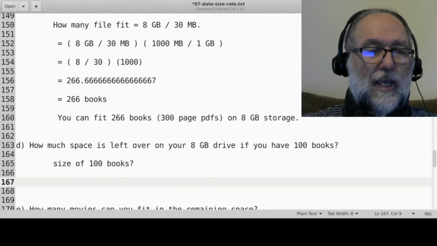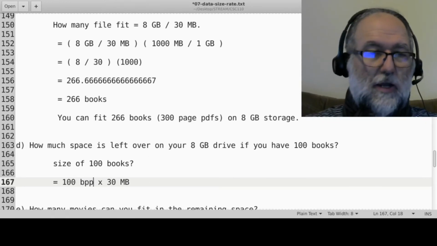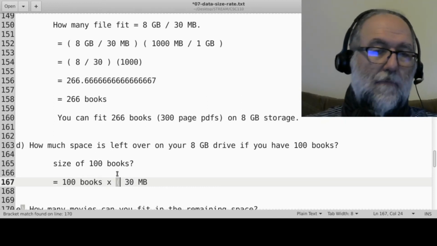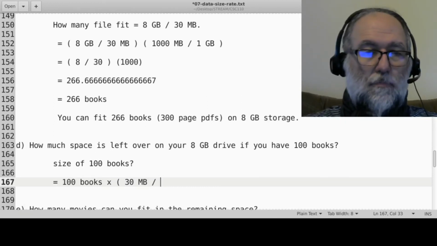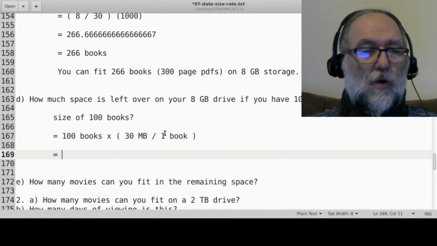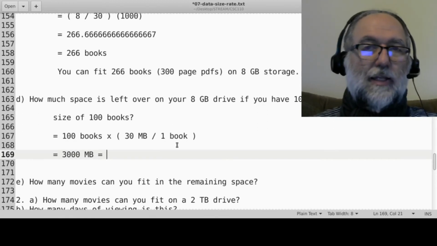That's just going to equal 100 times 30 megabytes. Actually, we can make it a fraction: 100 books, at 30 megabytes per one book, like that. This is going to equal 3,000 megabytes.